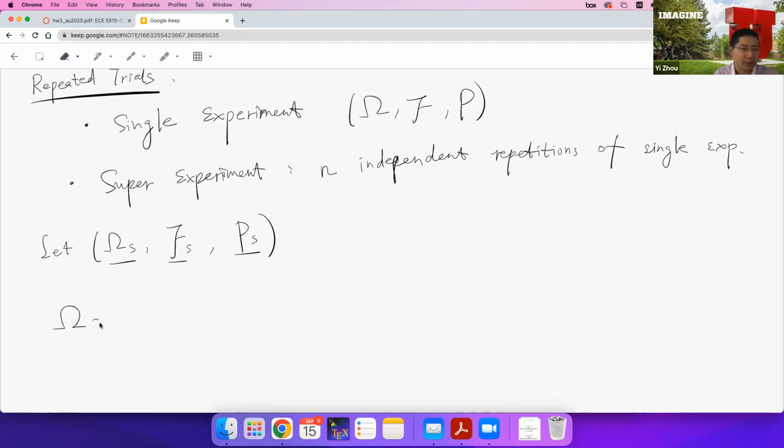So in particular, the outcome space for this super experiment, because the super experiment is n independent repetitions of the single experiment, we can simply concatenate the outcomes of all the n experiments.